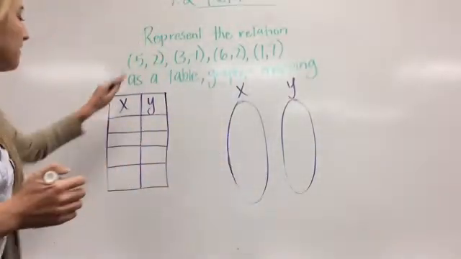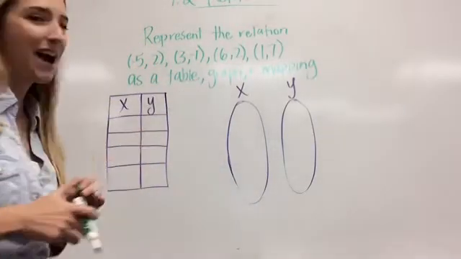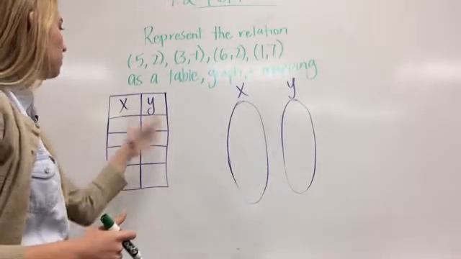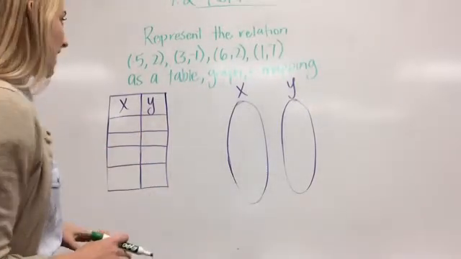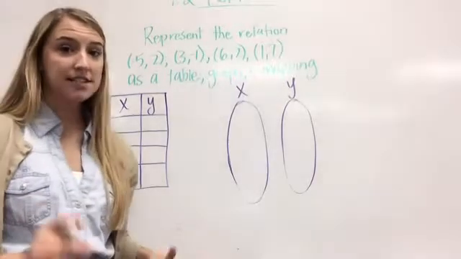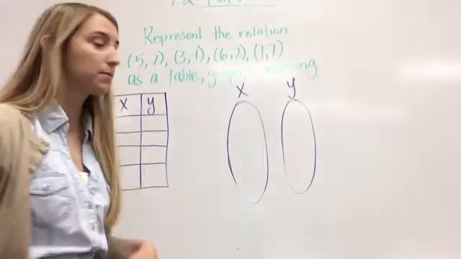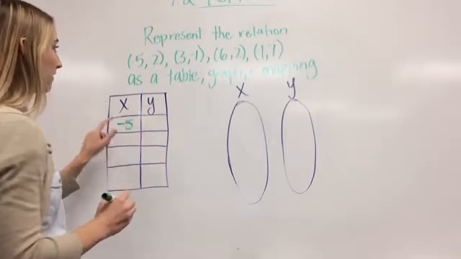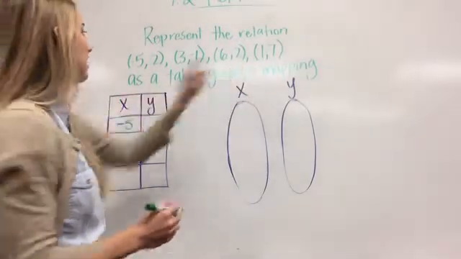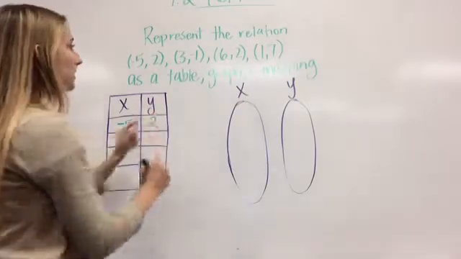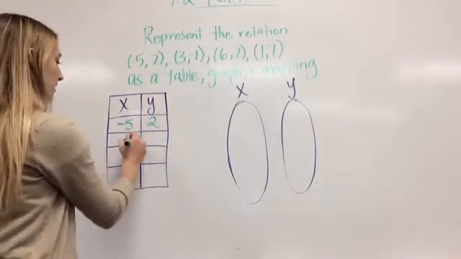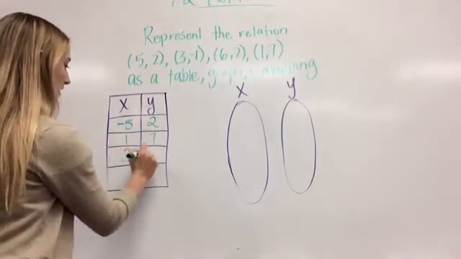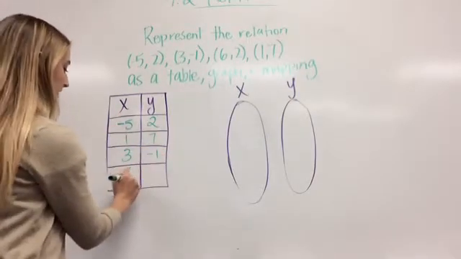So if I have these ordered pairs, I personally like to put my x's in order, and then whatever their y pair is, I leave it like that. You don't have to do that. It's not wrong if you don't put them in order, but I'm going to, just so you know. So -5 is the smallest, so I'm writing it first, and then that pairs with 2, 1, 7, 3, -1, and 6, 2.